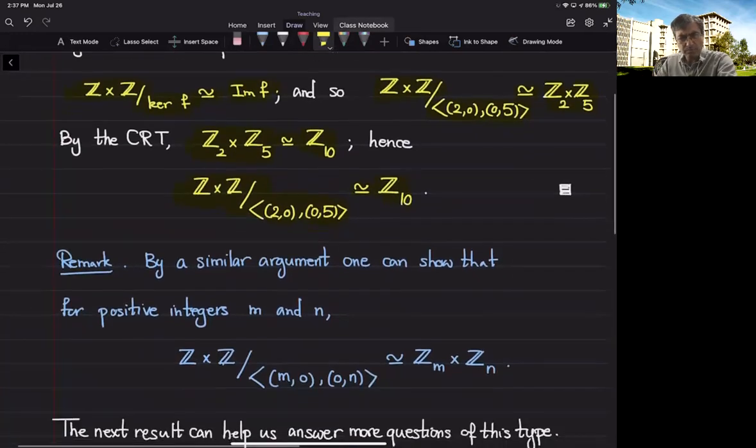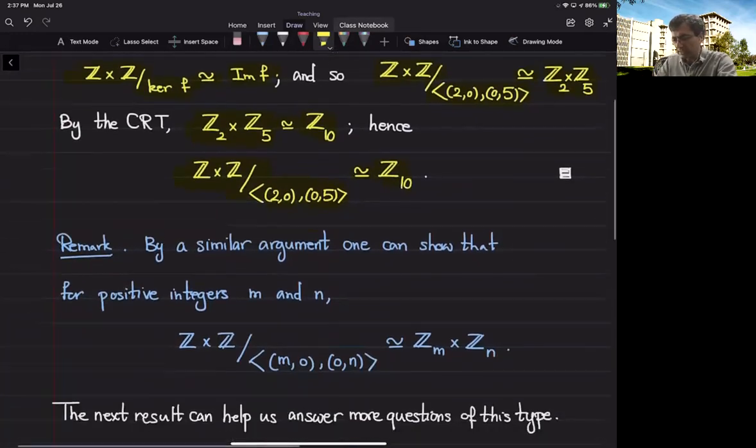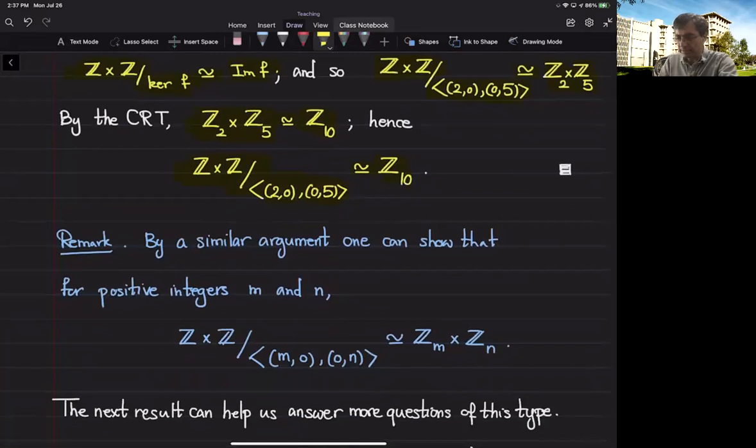And if you look at it closely, you see that the same argument implies that if I start with positive integers m and n, then Z cross Z over the subgroup generated by (m, 0) and (0, n) is isomorphic to the Cartesian product of the cyclic groups Z sub m and Z sub n.